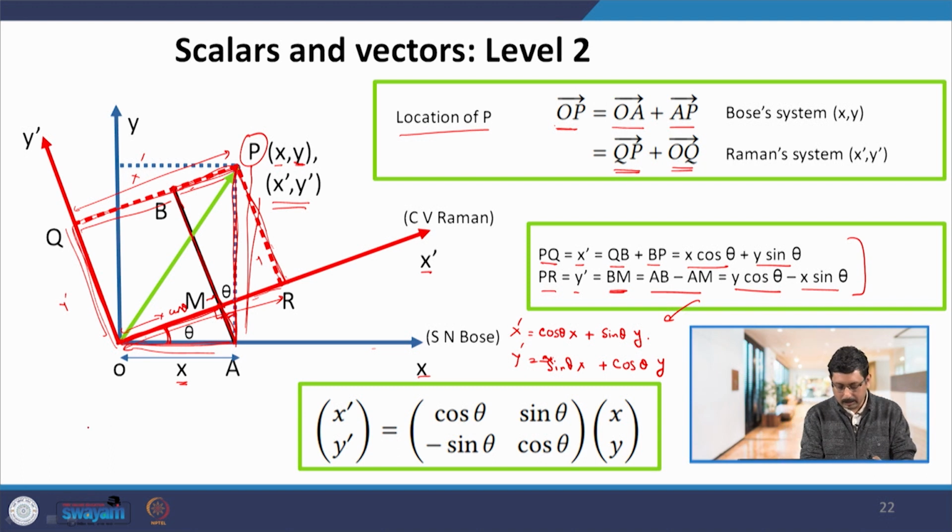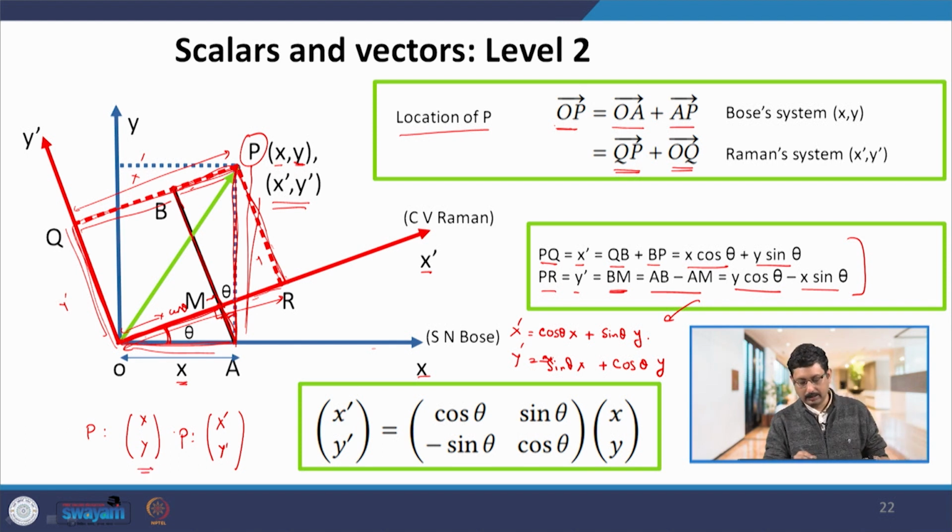So, I will denote the coordinates of point P using a column vector with two components. The top component is x, bottom component is y, and the same point P can be written as another column vector x prime and y prime.